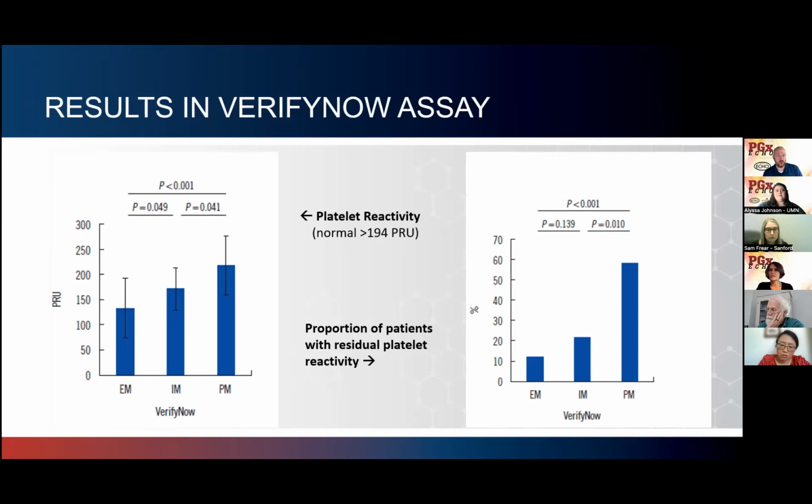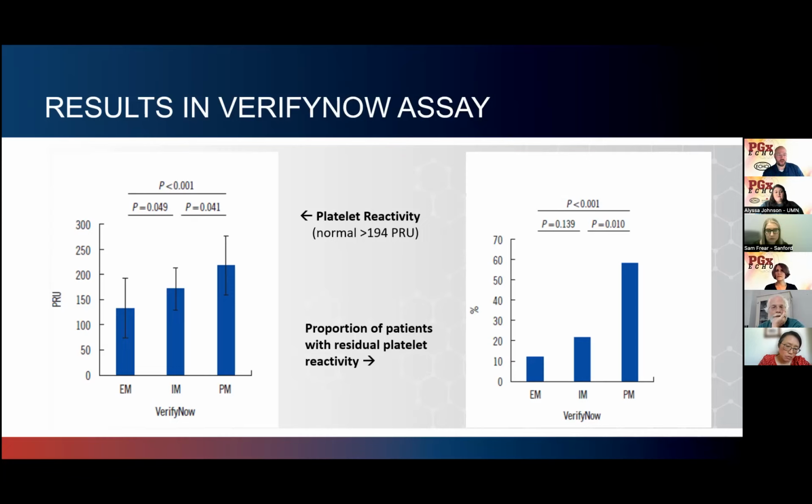The results specific to the VerifyNow assay: the platelet reactivity units are the figure on the left, and that shows a normal metabolizer, where you would usually expect to see a lower number. For their test, the normal range should be in the 190s to approximately the mid 200s.